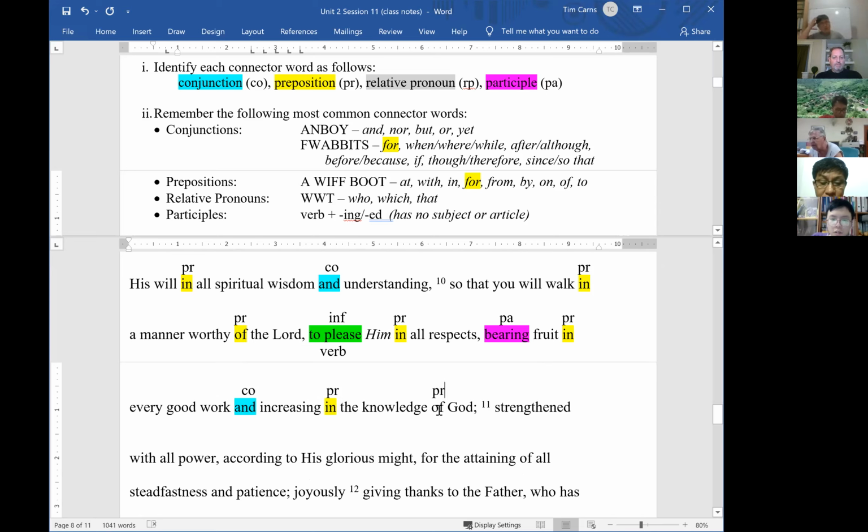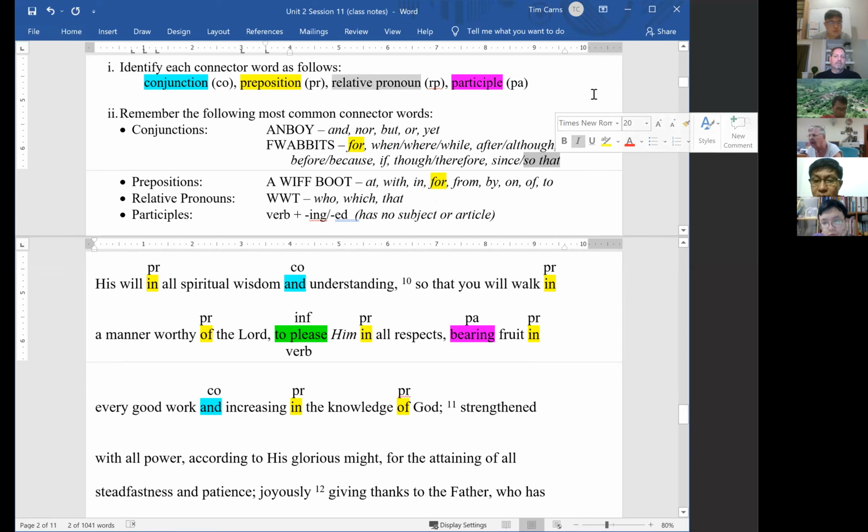All right, now let's see, what am I missing? So that is something really important here. I had it written here. It is a connector word in this case. Now take a look. If we go up to our list of the common connector words, you'll see it up here. I remember seeing it somewhere.